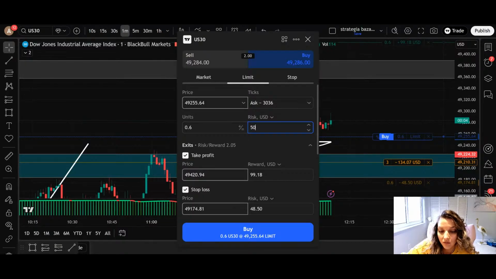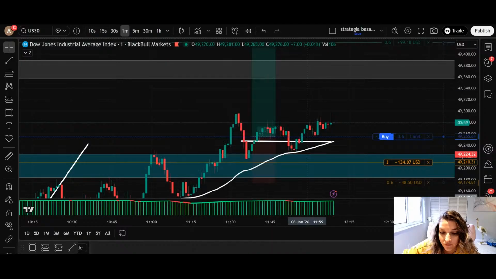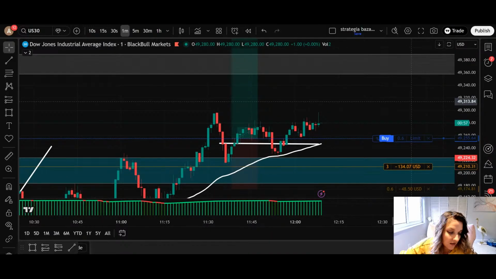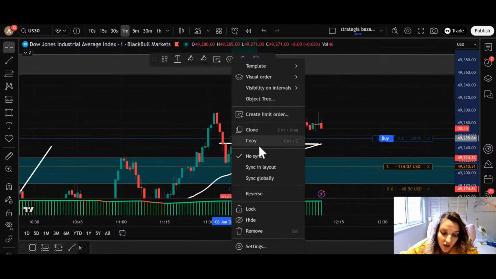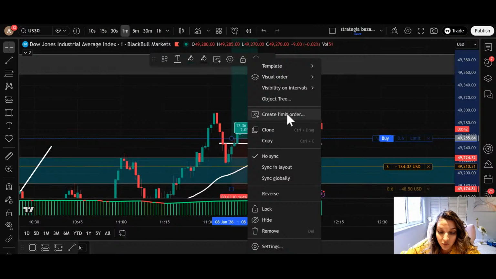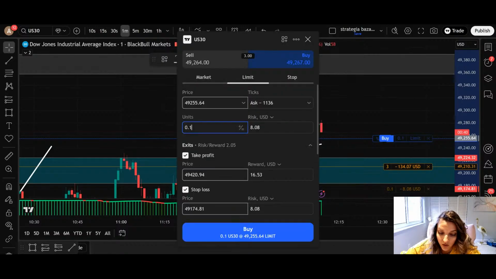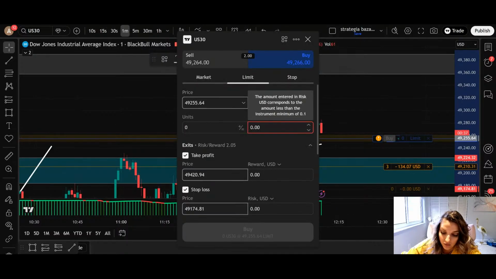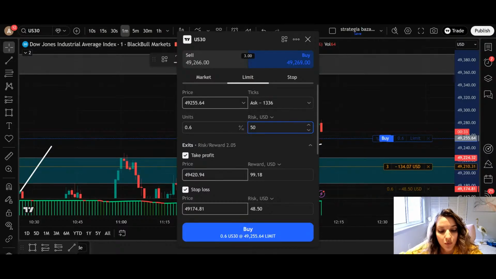So it depends on a position. I need to look and see exactly what's the lot size. Because some lot sizes are 1, some are 10, some are 100. So you divide that. If the lot size is 10 in that platform, for $50, to risk $50, you need 0.6.